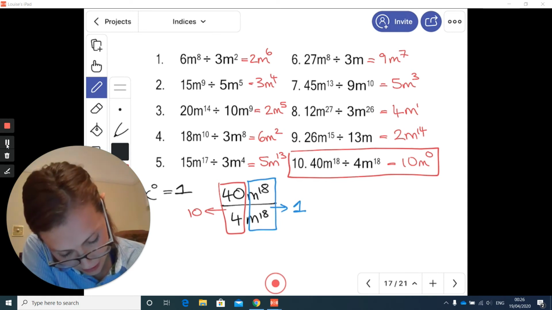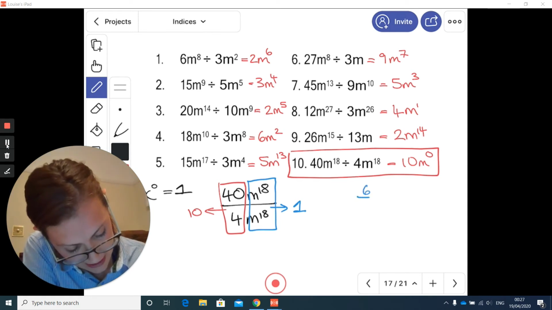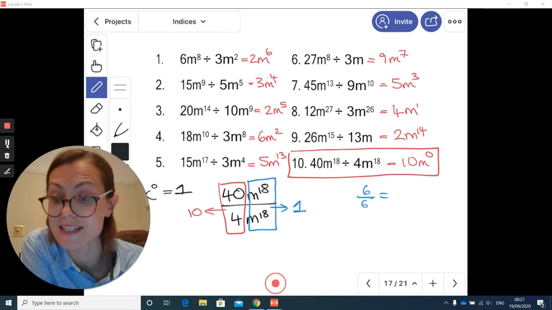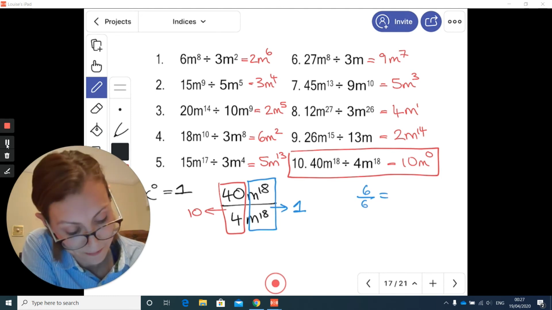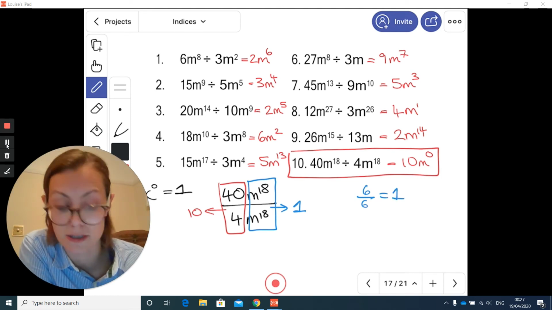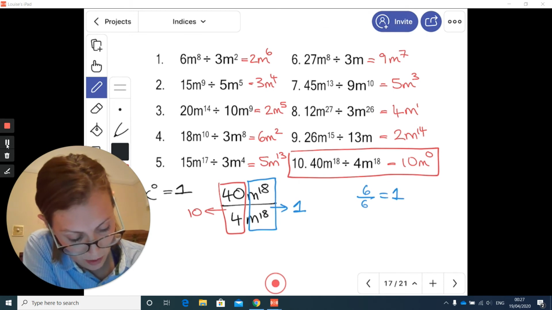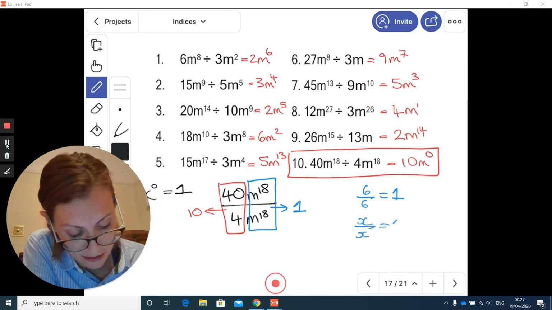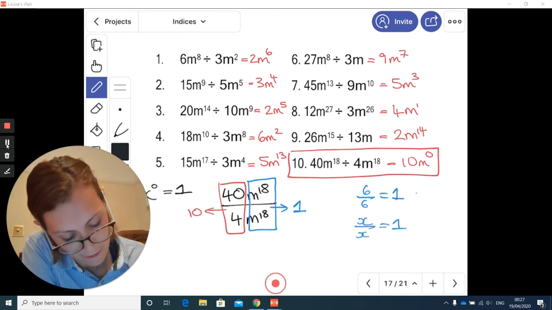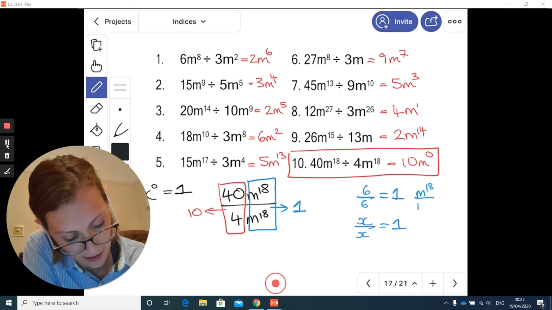So I know, for example, that 6 divided by 6, how many times can I fit 6 things into 6 pots? I can fit 1 into each of them. So 6 divided by 6 is 1. X divided by x in algebra terms is 1. So therefore, m to the 18 divided by m to the 18 is 1.